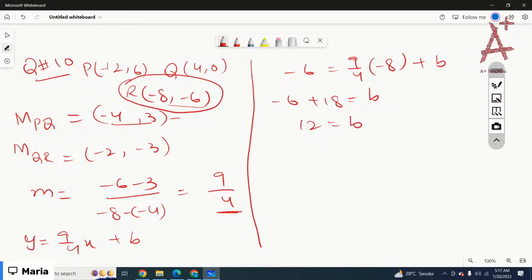So b equals 12. Okay, so the equation is y equals 9 over 4 x plus 12.